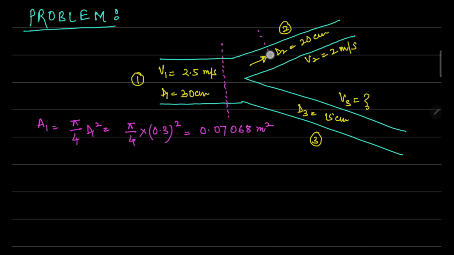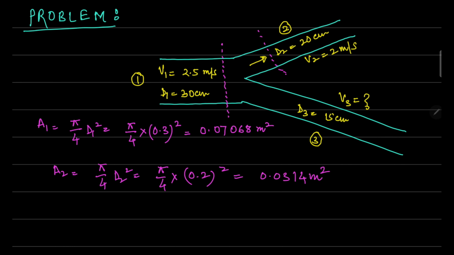Similarly, we are taking this section as section 2. The area of cross section 2 is pi by 4 d2 square, where d2 is given as 0.2 meter, so that comes out to be 0.0314 meter square.